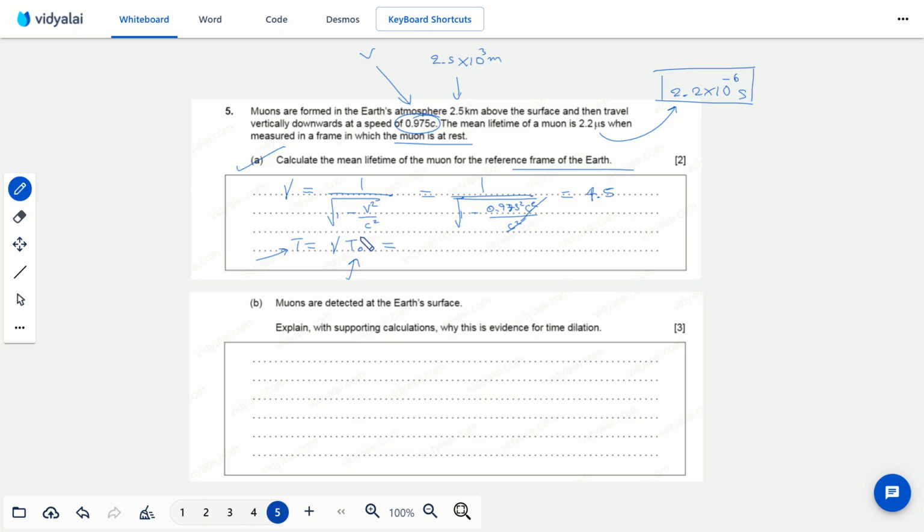Now it's larger than t naught. Let's see how large it is. So 2.2 microseconds times the gamma factor, 4.5.